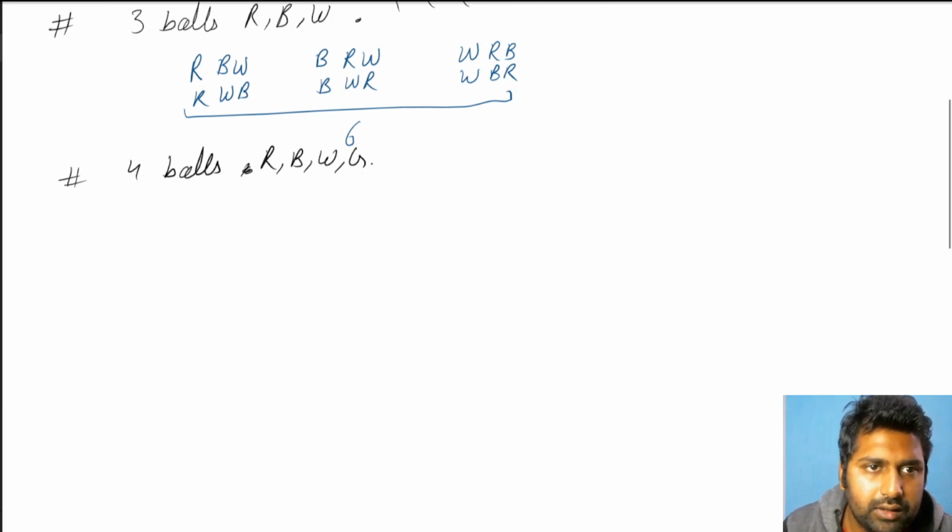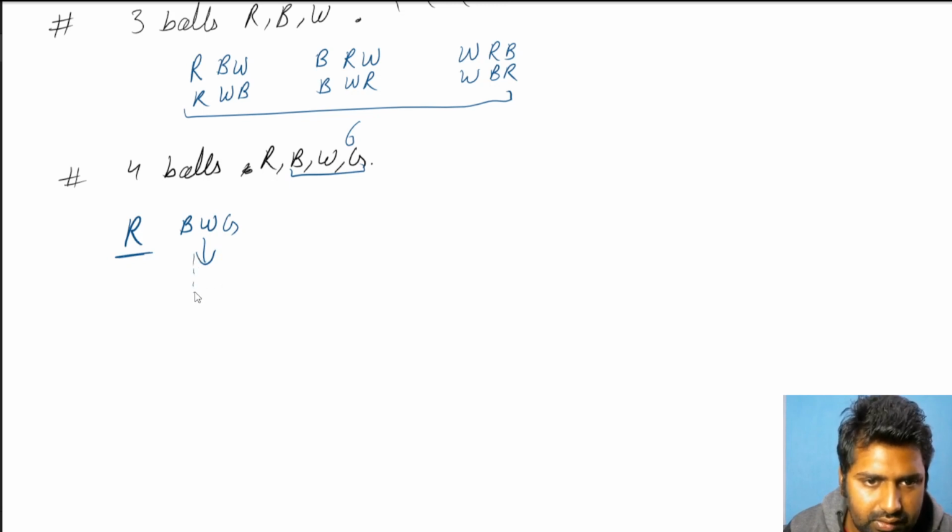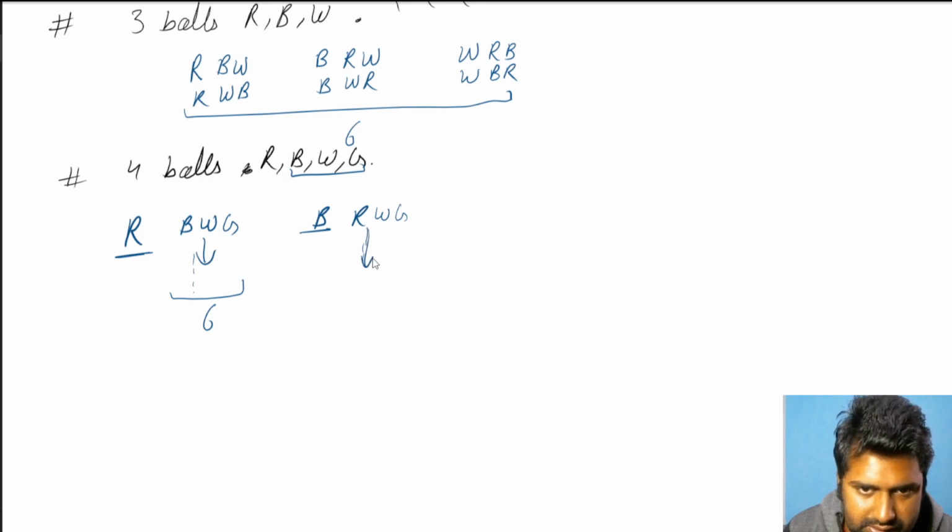The idea was that even for solving 3 balls, we placed one ball first. So let's place one ball first. Red is first, suppose. Now you have 3 balls left: black, white, and green, and you already know they can be arranged in 6 different ways. So for red at the first position, you have 6 arrangements. Similarly, for black at the first position, with red, white, green left, you again have 6 arrangements.